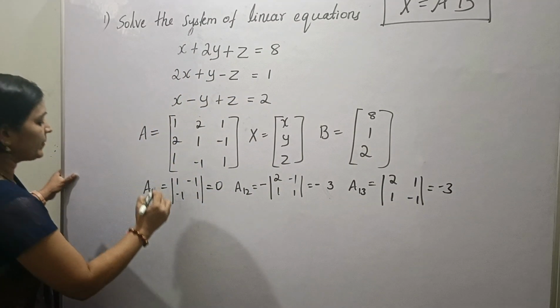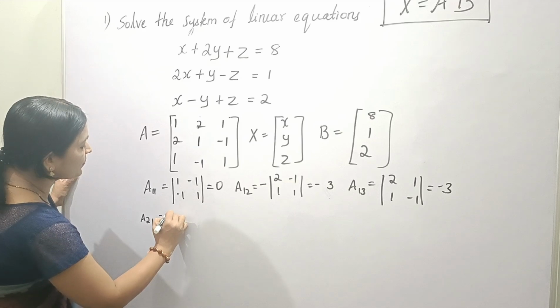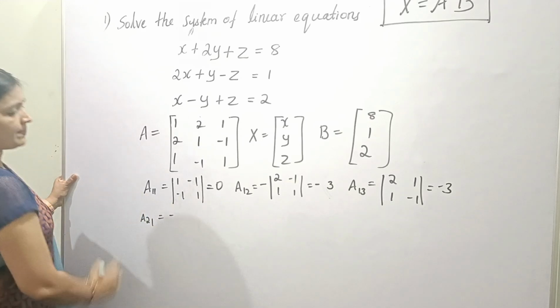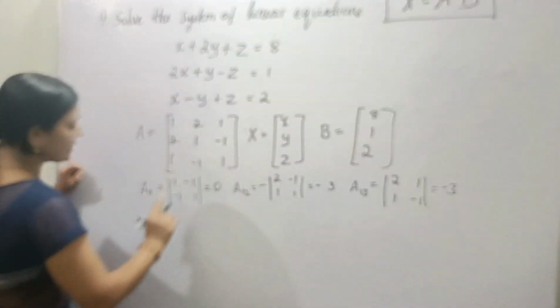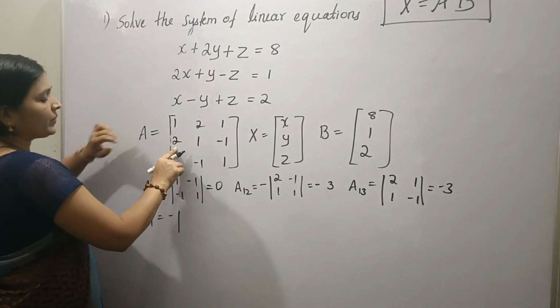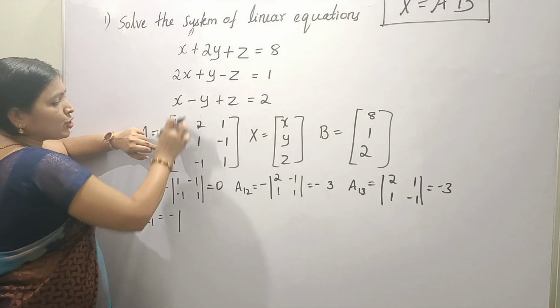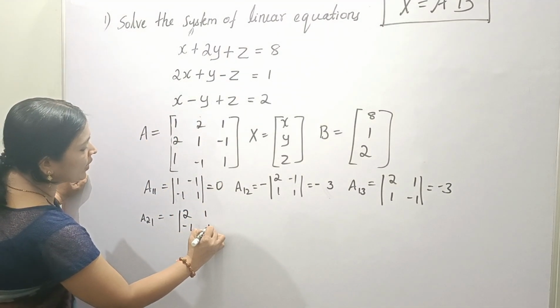Next, A21. Here the signs are minus, plus, minus, plus. So minus, the cofactor of 2. Delete this row and column: 2, 1, minus 1, 1.